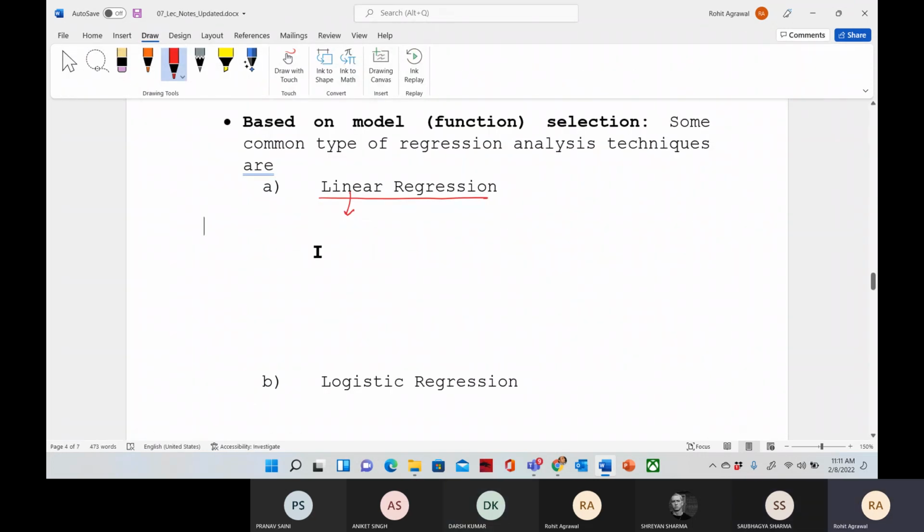Okay, I will show you. So can anyone tell me what will be the equation for linear regression? Y equals mx plus c. Yes or no? In books you will find this as y equals alpha plus beta x.